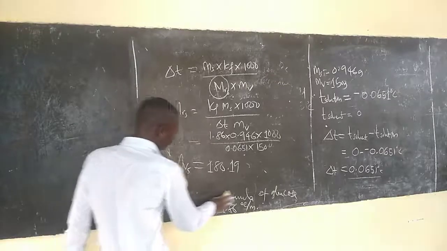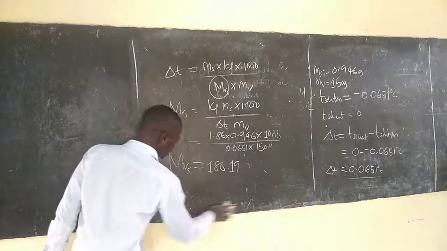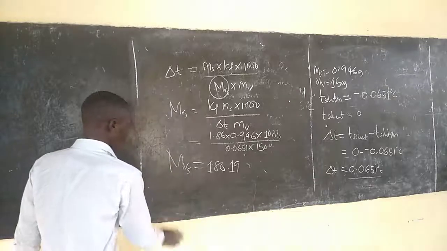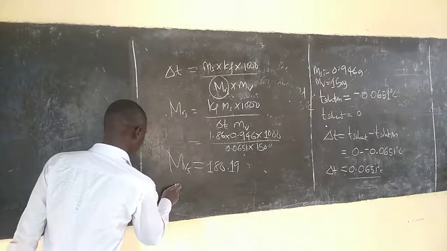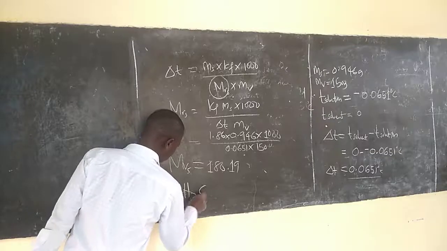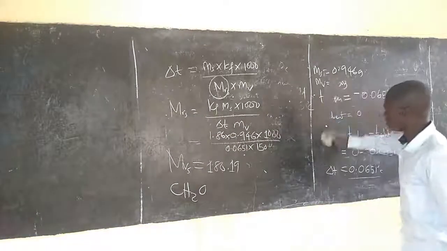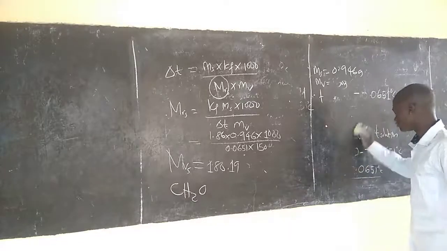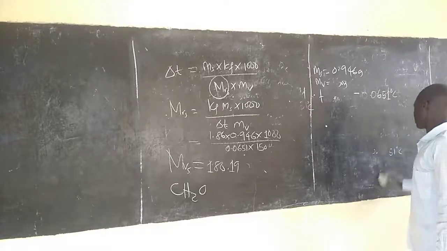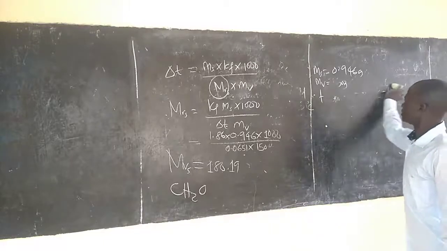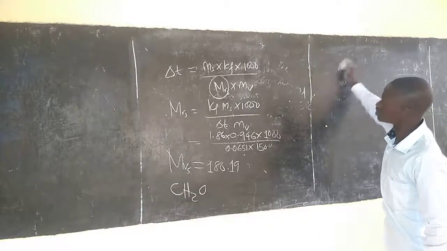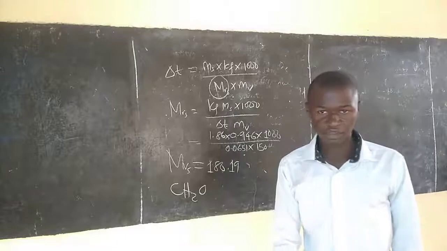But we were given the simplest formula of glucose, which is the empirical formula, CH2O. Then we are asked about the molecular formula of glucose. So that is a Form 2 calculation, going from empirical to molecular formula.